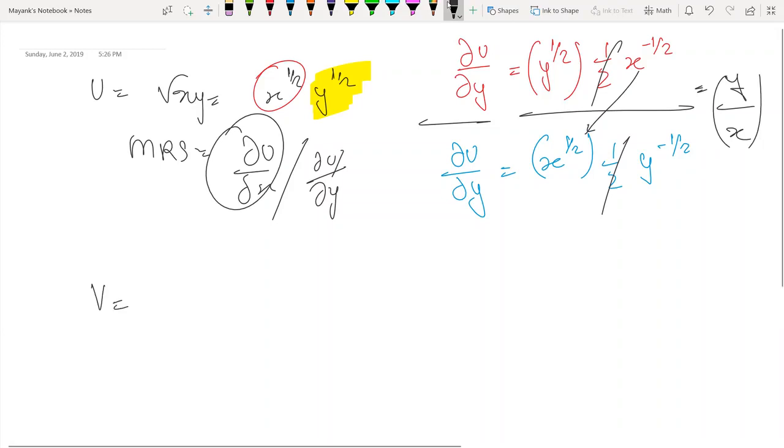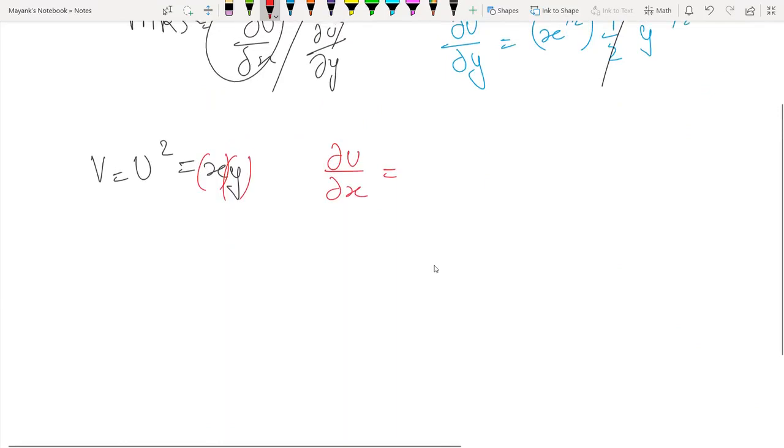Now let's take another function which is u square, that is xy. So MRS is del u by del x upon del u by del y. Del u by del x is, keeping y as constant, differentiate with respect to x. Okay, so this will be just y, and del u by del y will be just x.